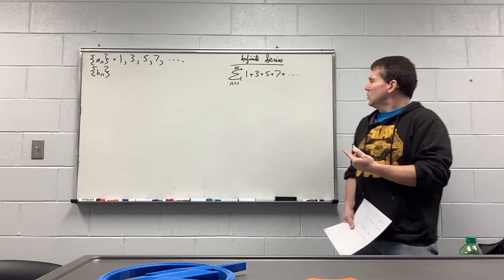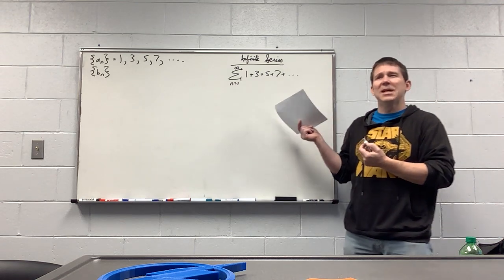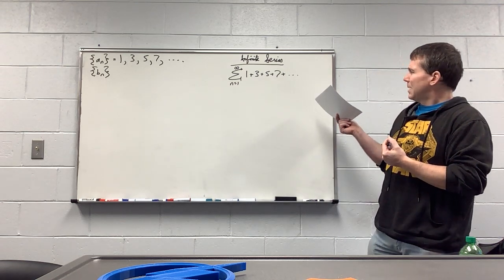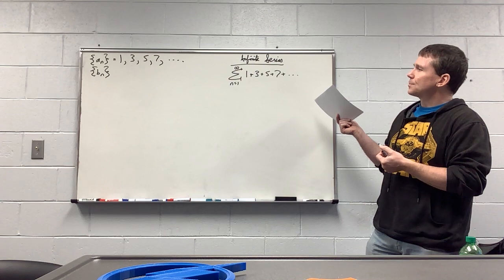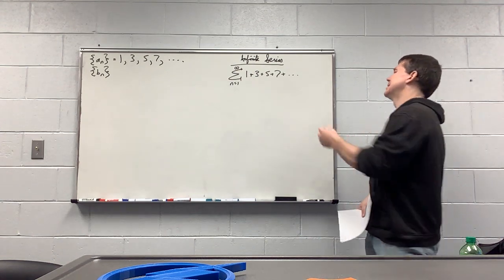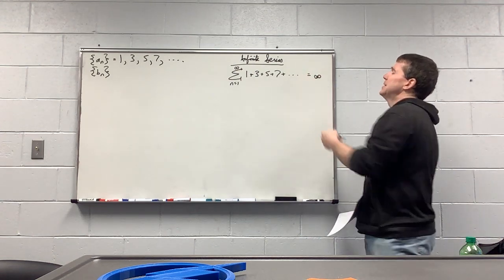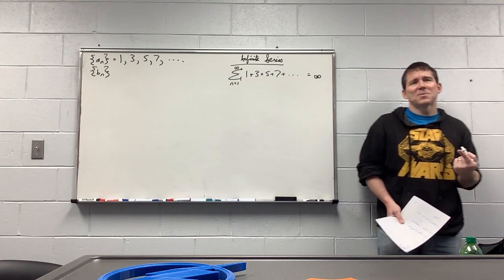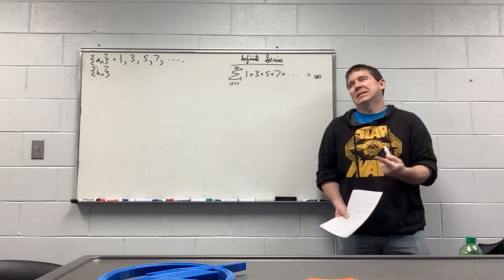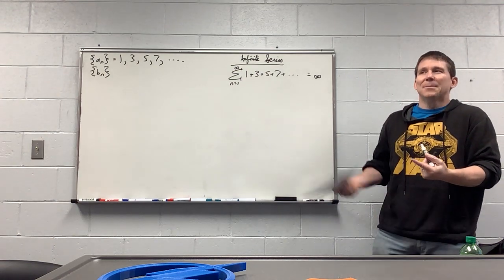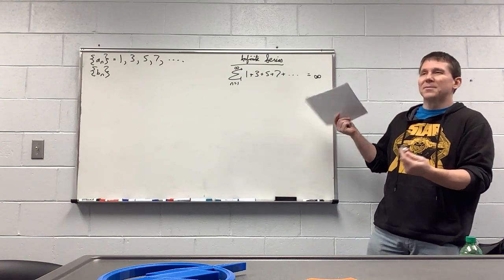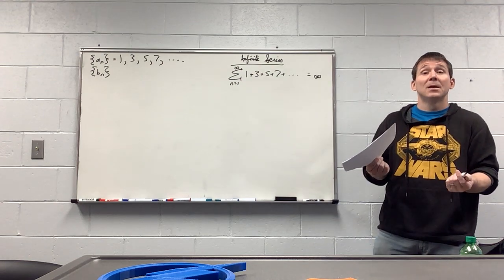And now that I have this series here, I want to know what the sum is. Admittedly, in this case, this one is pretty obvious. It's infinity. And frankly, from a math perspective, it doesn't really tell me much. I'm adding up a whole bunch of numbers and they go off to infinity. Not that big of a deal.